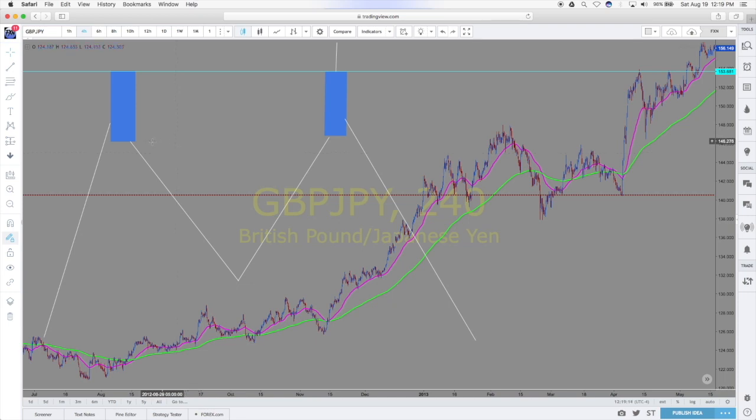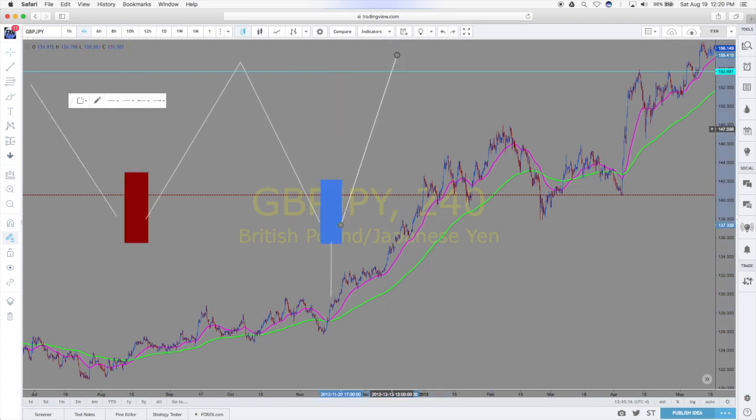Same scenario as before if you're thinking about a double bottom here. You want to make sure that this candle here, this blue candle, does not close below this.